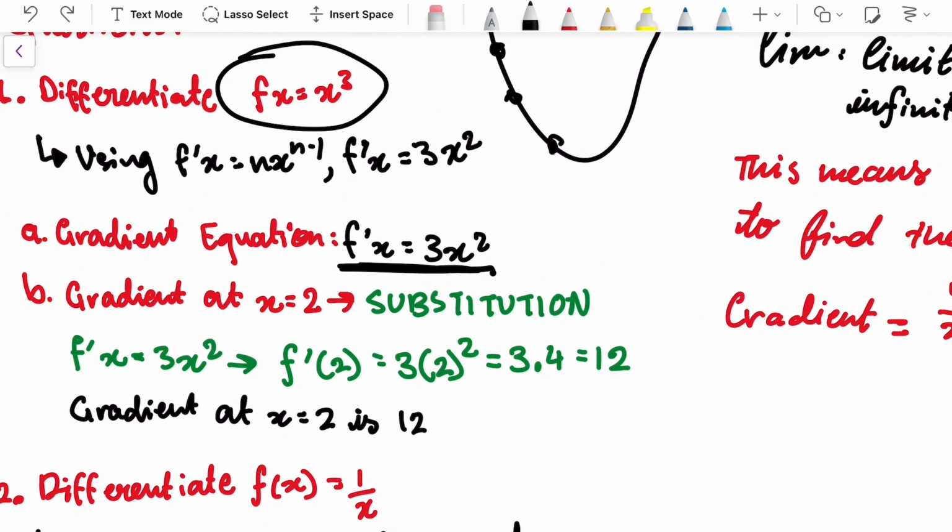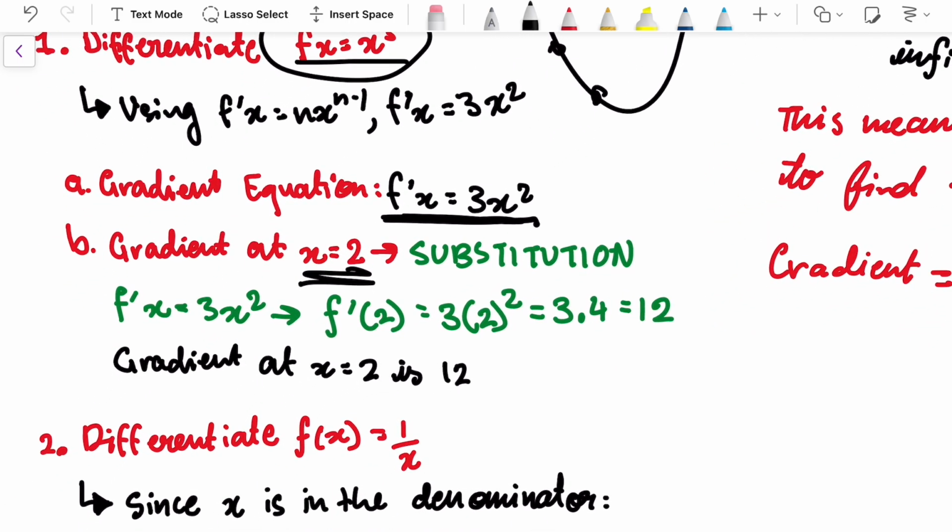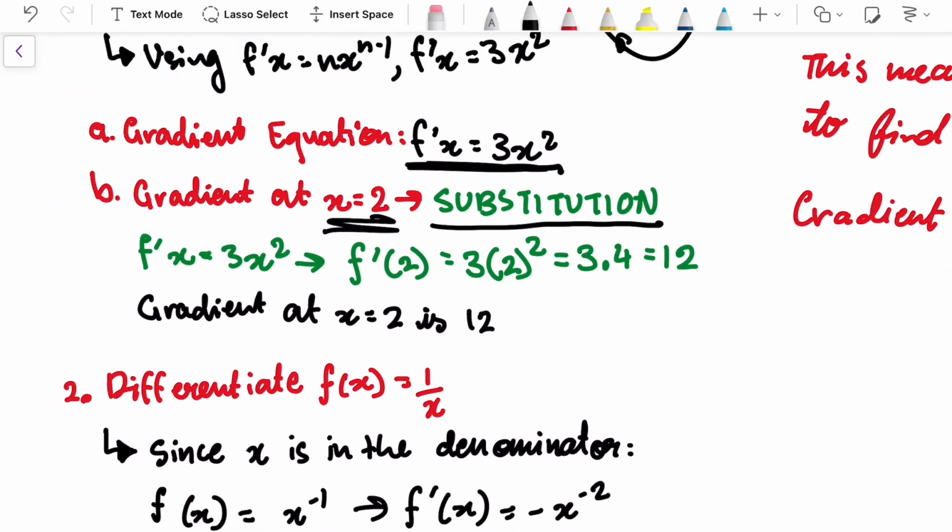And if we want to find the gradient at x is equal to 2 for this one, what we can do is we're going to use a method called substitution. Okay, so we're going to say f dash x is equal to 3x squared. We know that. But what if we replace x with 2? Because that's what we're doing. We're substituting 2 for x.